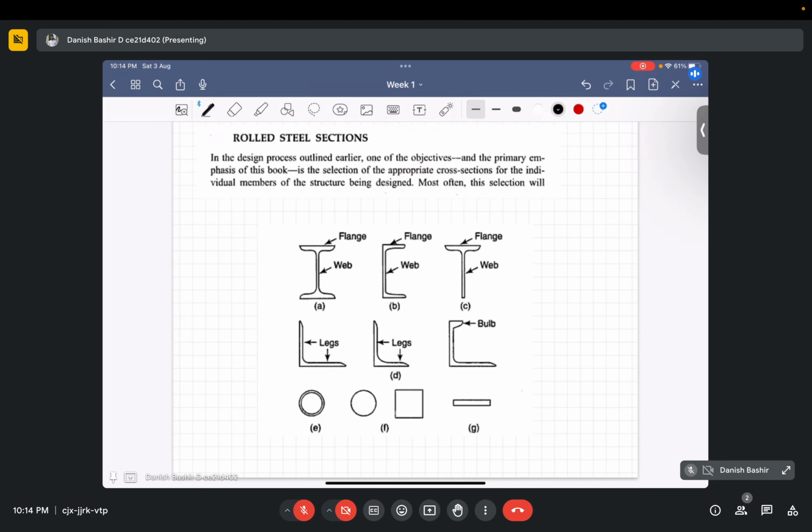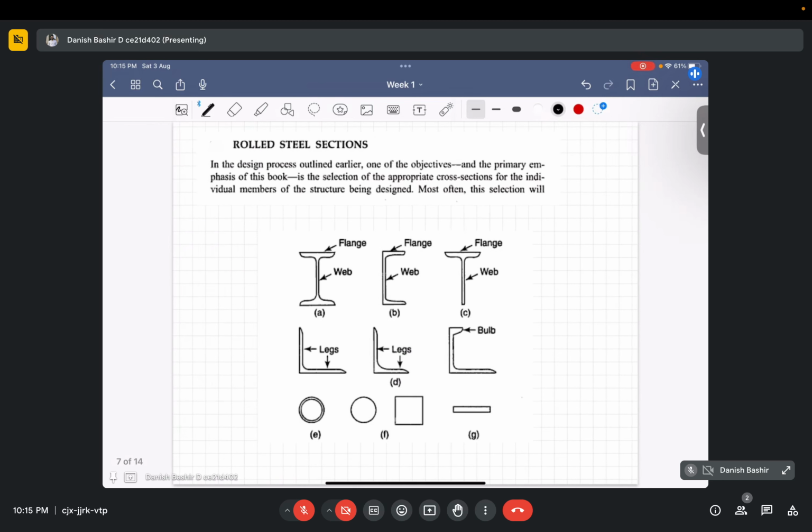Okay, so different sections that are available are like we have rolled steel I section. We have rolled steel channel section. We have rolled steel T section. We have rolled angle sections. Okay, we have rolled tube sections.